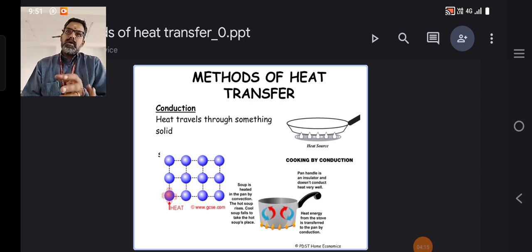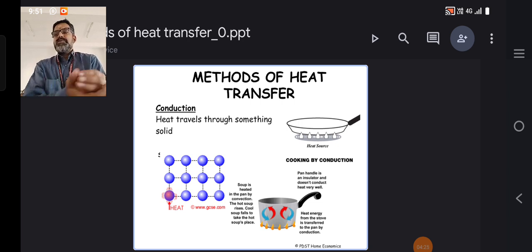Furthermore, there are some basic concepts we need to know: what is meant by heat flux, what is meant by thermal conductivity, what is meant by a lattice, what is meant by the movement of free electrons, and what is meant by the state of equilibrium. These are the basic things we need to know.